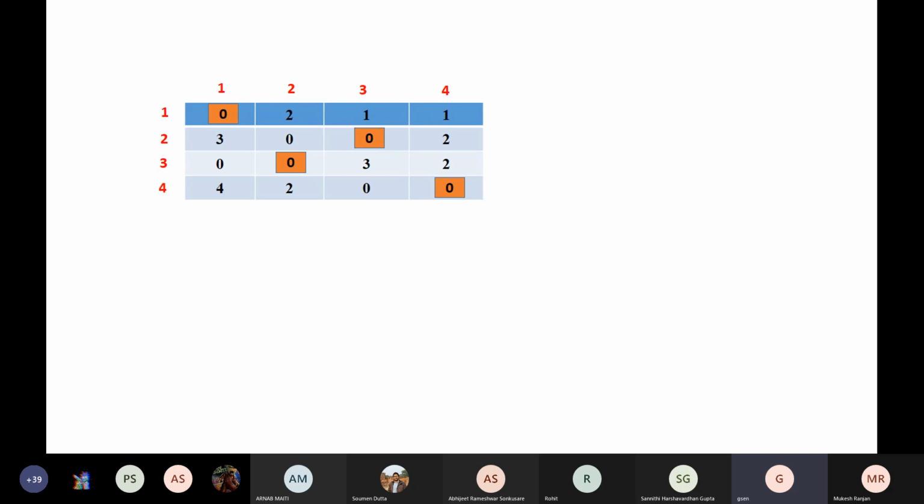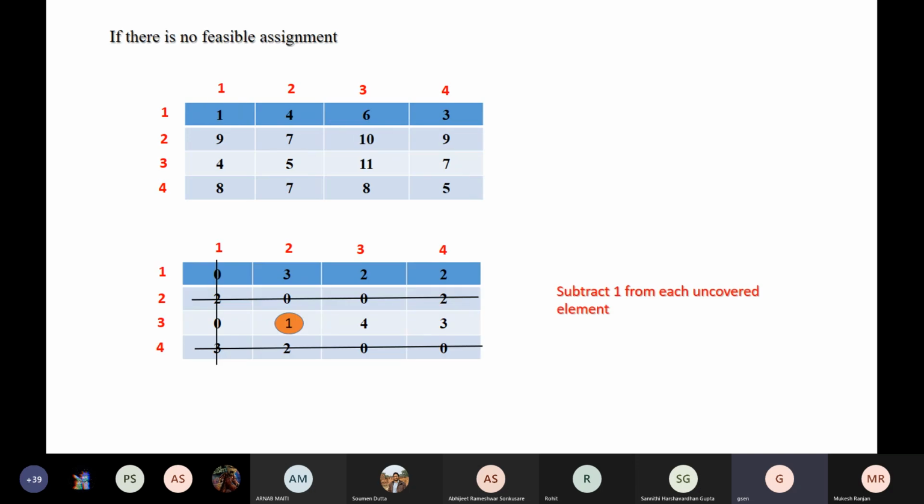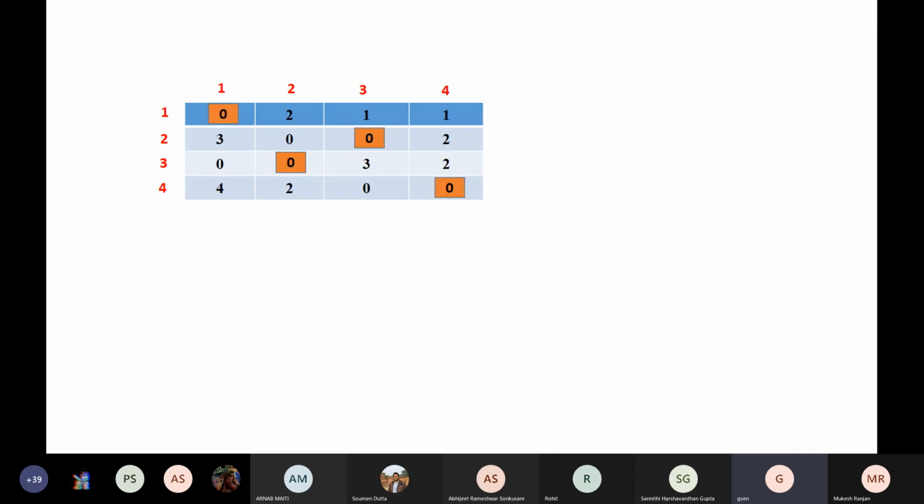So you see that for the simplest case, you just apply the Hungarian algorithm as it is and you will get the optimal solution. But in certain more complicated cases like this, where you do not get it, you have to apply these additional steps, which is drawing vertical and horizontal lines, covering all zeros, choosing the minimum element from the uncovered elements, subtracting it from the uncovered elements, adding it to the intersection of the lines, and then again trying to find.